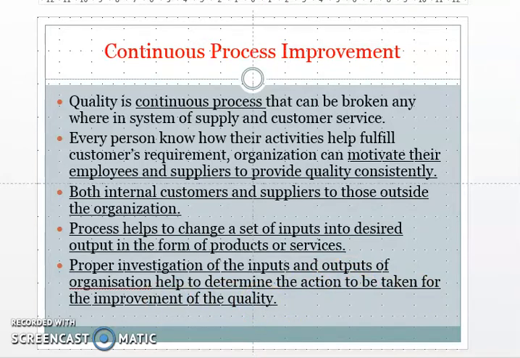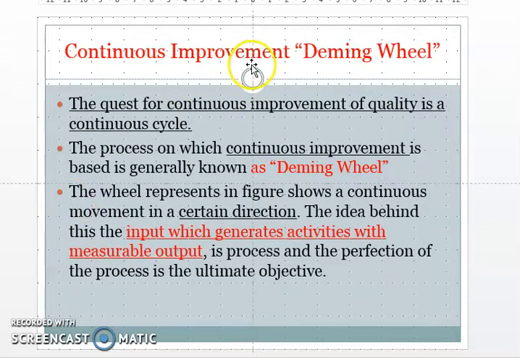Just see, this is also called Deming's wheel. The quest for continuous improvement of quality is a continuous cycle, as already discussed. This is the continuous improvement cycle known as the Deming wheel.